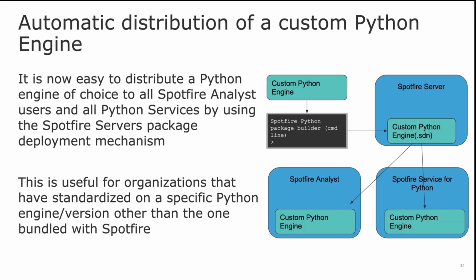So you create the SDN, you deploy to the deployment area on your server, and then it's distributed to analysts and also the Python service. So a new way of creating Python packages, but the traditional and well-proven way of distributing the engine to all your users. So you can ensure you have the same engine on your servers, on your clients, and on your Python services.